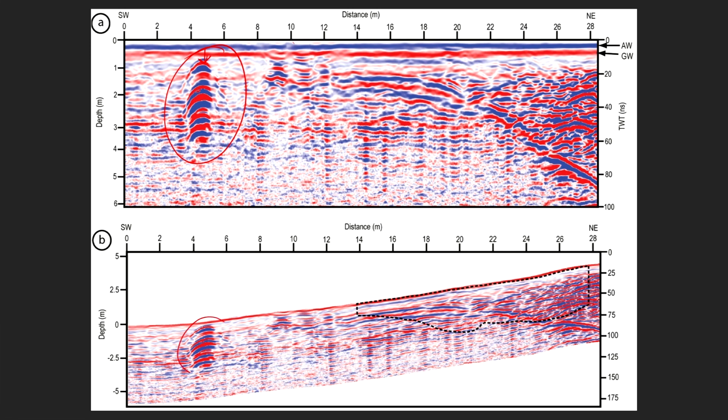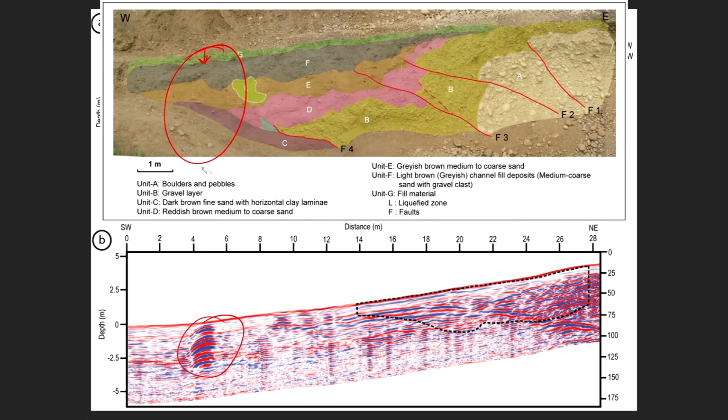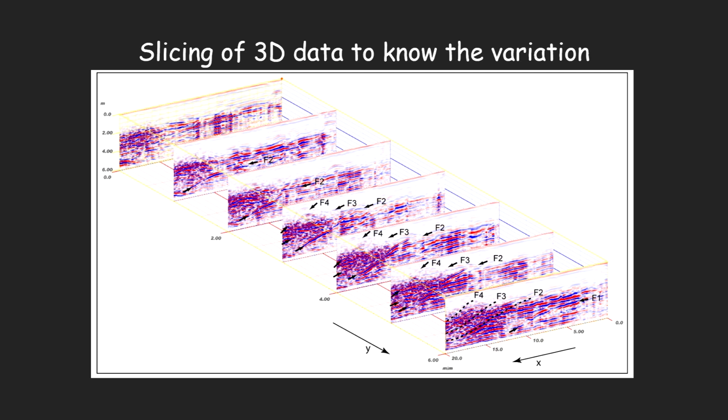The pipe was way below the scarp, and then we opened up the trench, and you can see that it exactly matches what we see in the GPR profile. We also did a 3D survey of this area, and that helped us identify which portion of the region should be excavated to get better information.